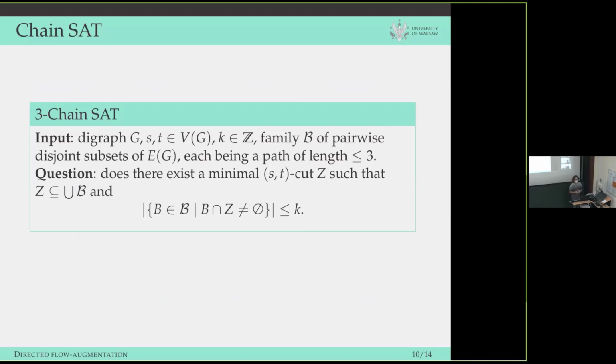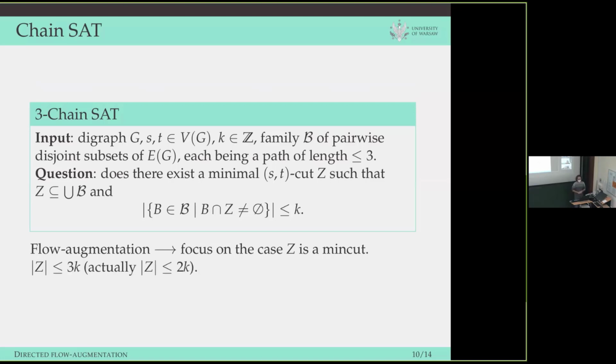So every bundle is a path of length at most 3, and I want a minimum cut that intersects as few bundles as possible, at most k bundles. And now what we do is flow augmentation. We are asking about the minimum cut. Bundle is of size 3. The only moment when you want to contain two edges of a single bundle is if you contain the first and the last edge of a path of length 3. So you're really cutting at most 2k edges.